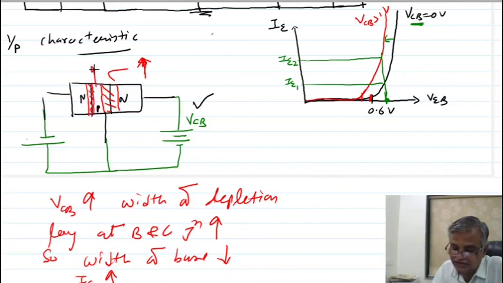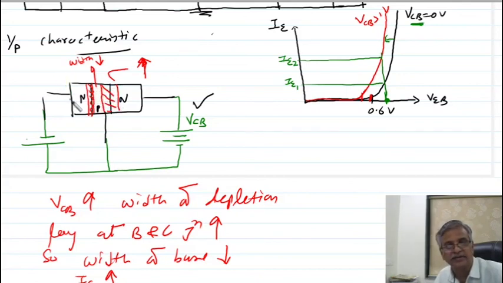So in this base region, the width of the base decreases. As a result, as this decreases, the emitter current increases from IE1 to IE2 as you increase VCB from 0 to some higher value. As VCB increases, this depletion layer width increases, so the base width decreases, and as a result the emitter current increases. That you can see in this graph.